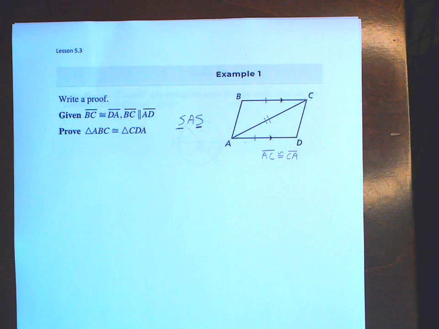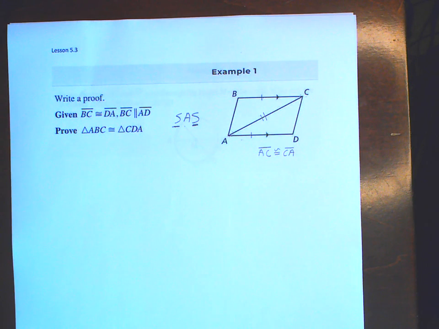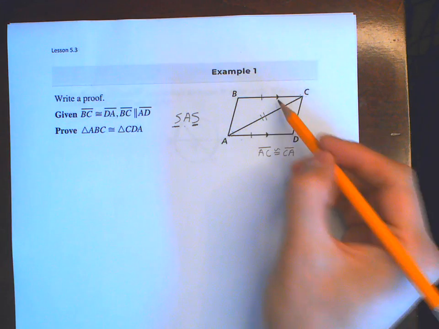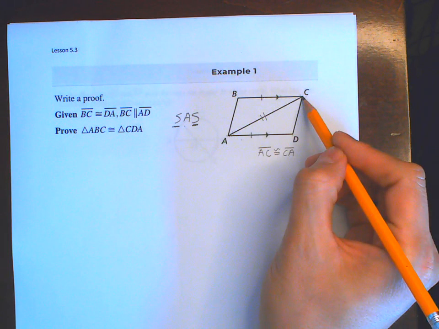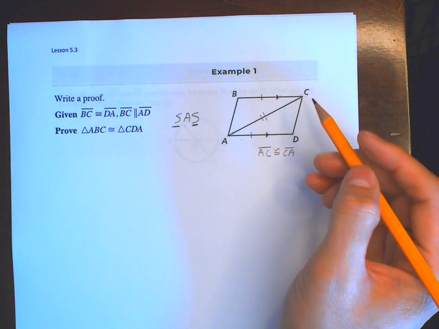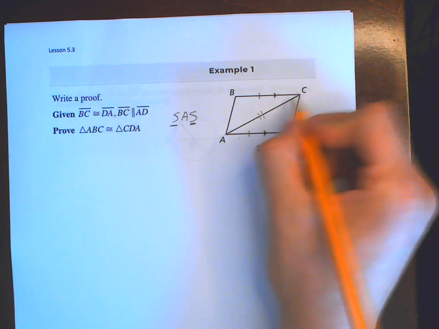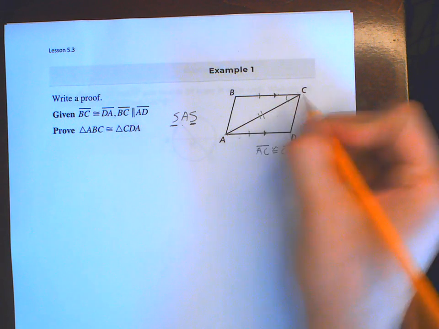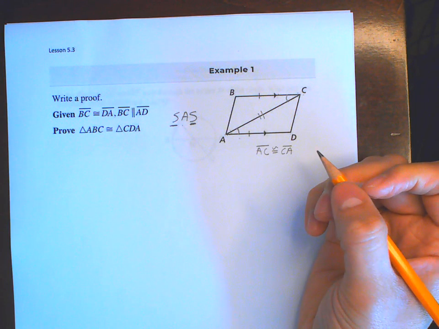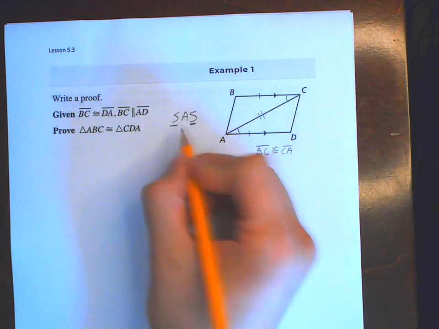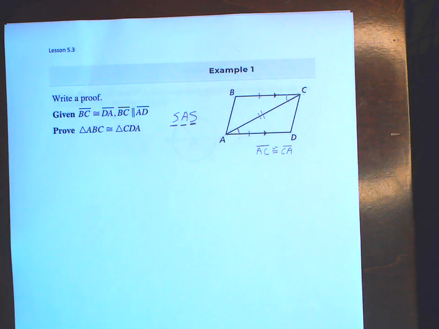Now, here's a very important piece of information. These lines are parallel. So this is a transversal. Okay. Now, because this is a transversal, that implies that this angle and this angle right here are congruent by alternate interior angles. So voila, I already have my third piece of information.